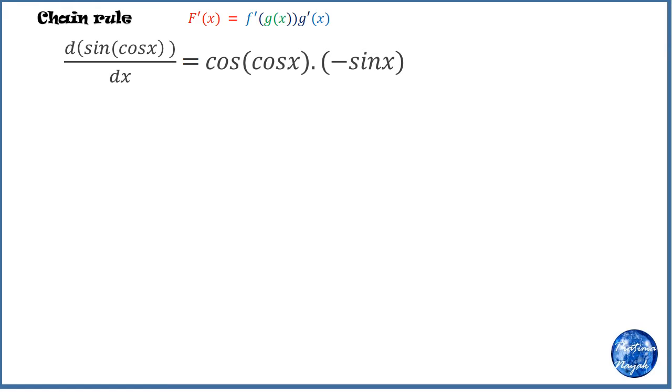So now we can learn to write directly. The answer will be minus sin x cos of cos x. Here the negative sign will be written at the left and sin x will be written first, then cos of cos x.